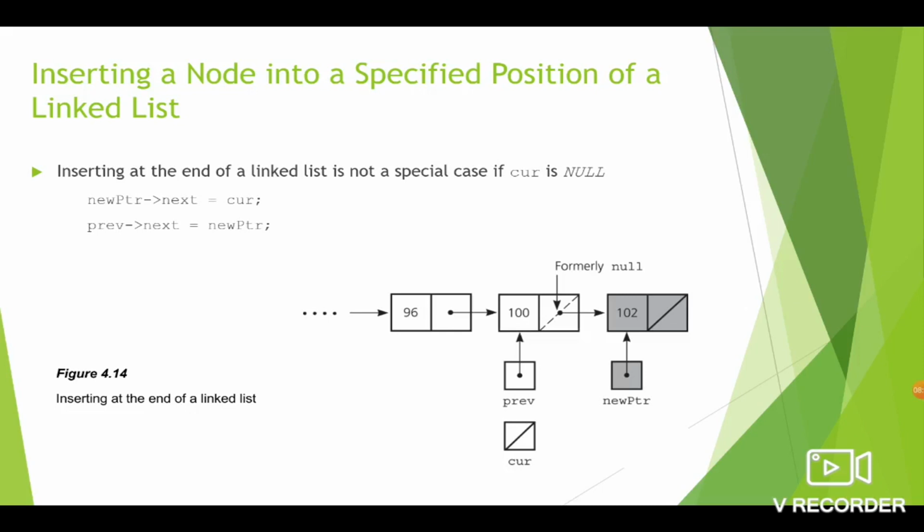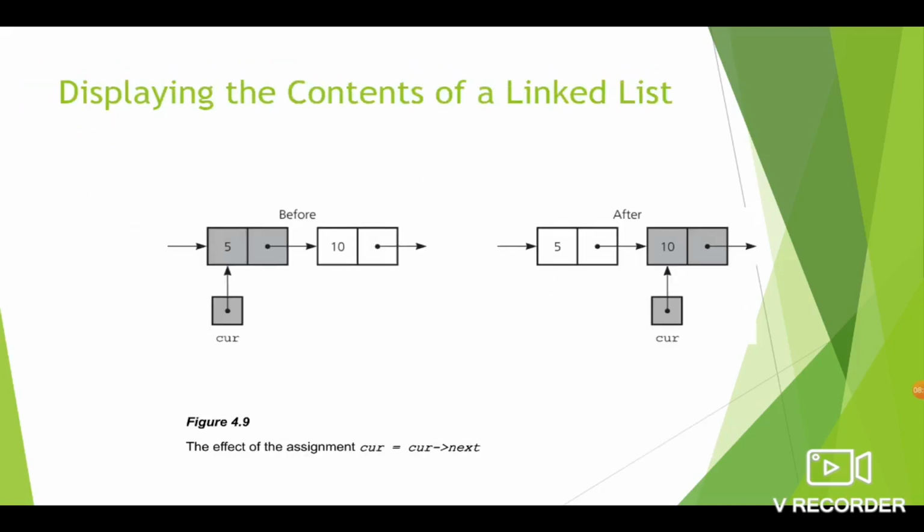But now it should not be null, it has to point to the new node. So new pointer of next is null because that is my new last node, so its next pointer is null and the previous pointer next points to new pointer. So these are the three cases for insertion.